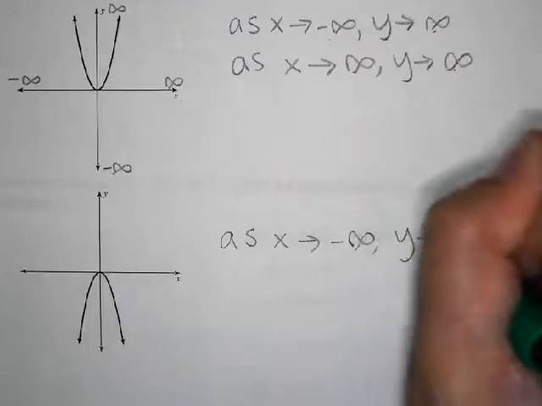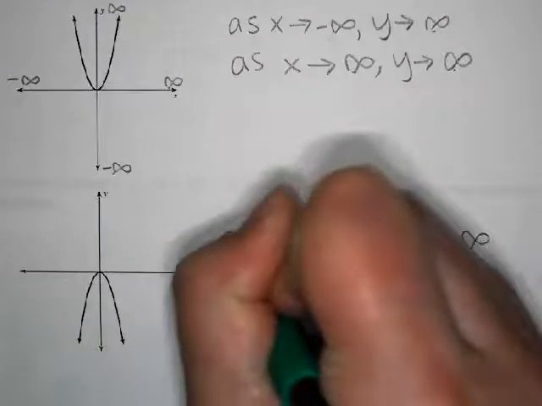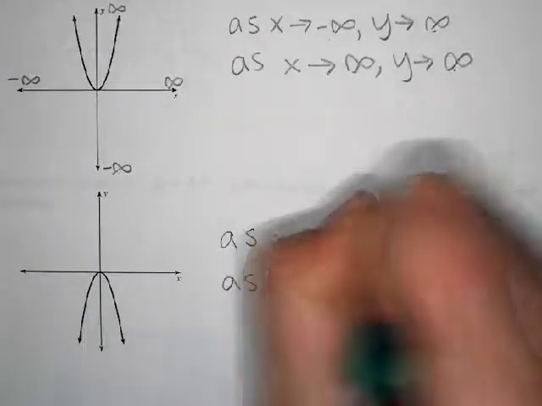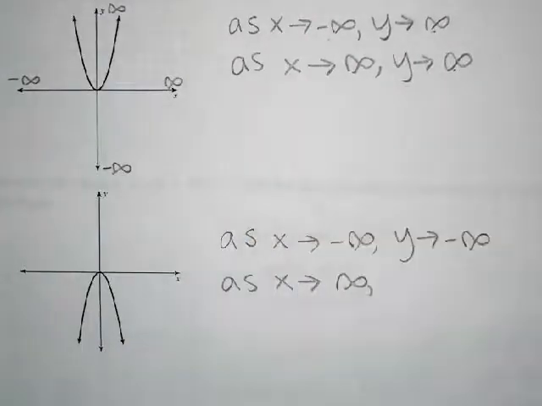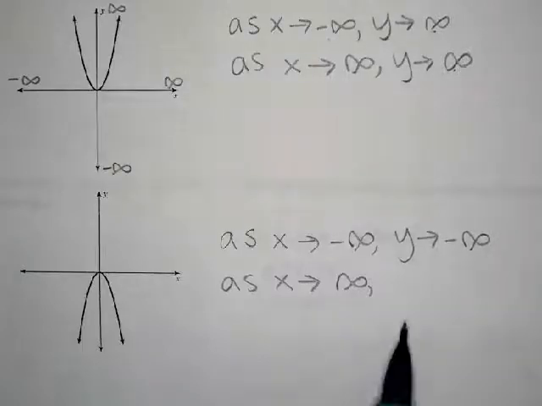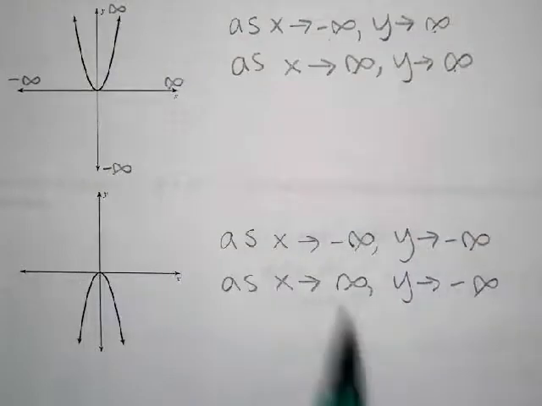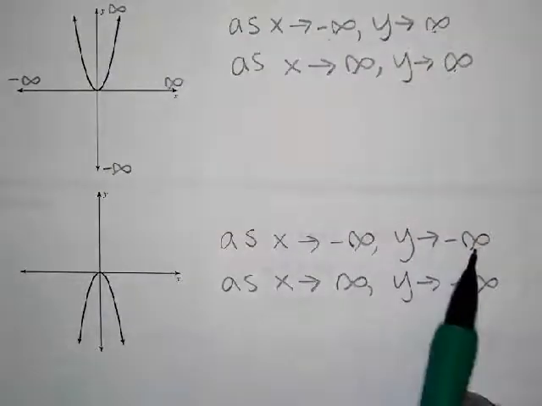And then next, let's look at the right arrow again. And this one does what? It's still going down. And then it's negative, yeah. So the left arrow goes down, the right arrow goes down.